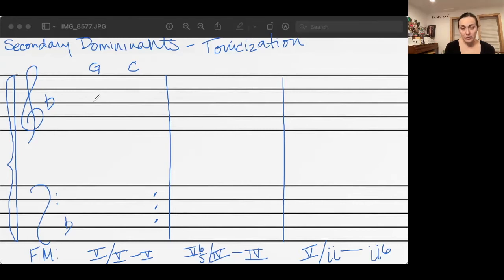Yes, we're in F major, which means we're actually going to need some accidentals. Secondary dominant chords are borrowed chords. They are chromatic chords, so almost all of them are going to require some type of accidental to actually be functional dominants. So G major, and this is all in root position, no Arabic numerals here.